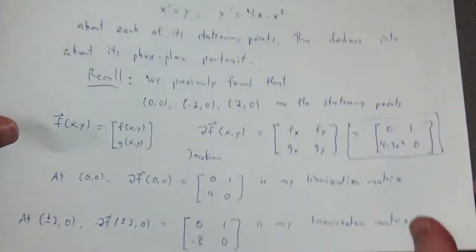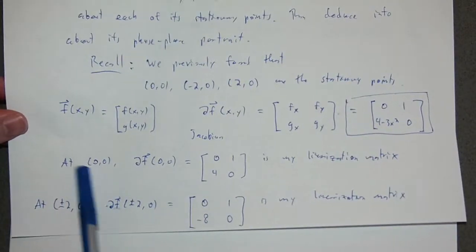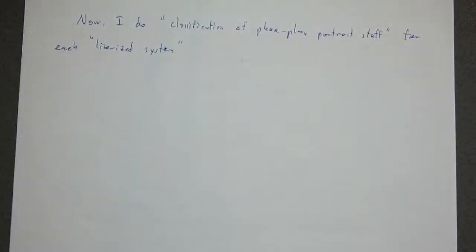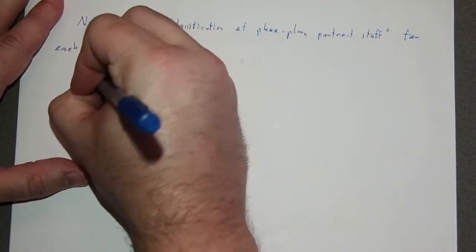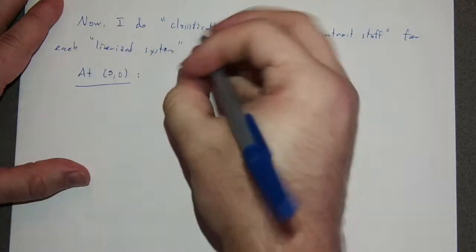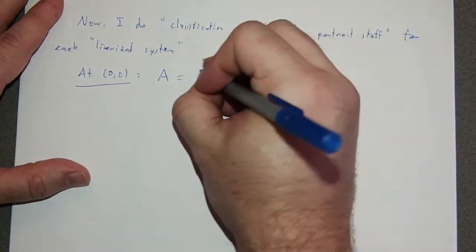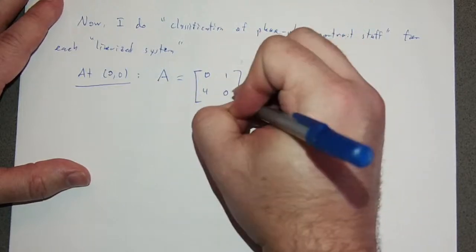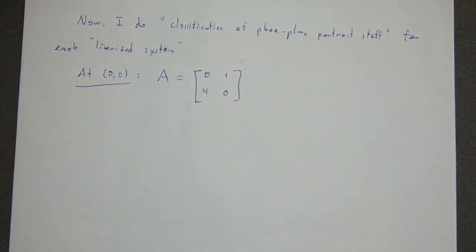What do I mean by that? Well, I have at 0, 0, my Jacobian matrix is this thing, right? So at 0, 0, my Jacobian matrix, which I'll call A now, is 0, 1, 4, 0.